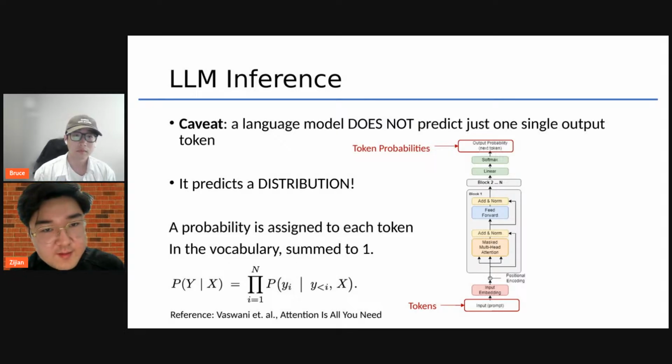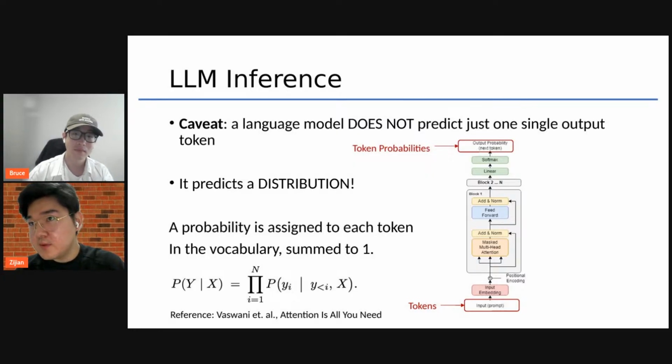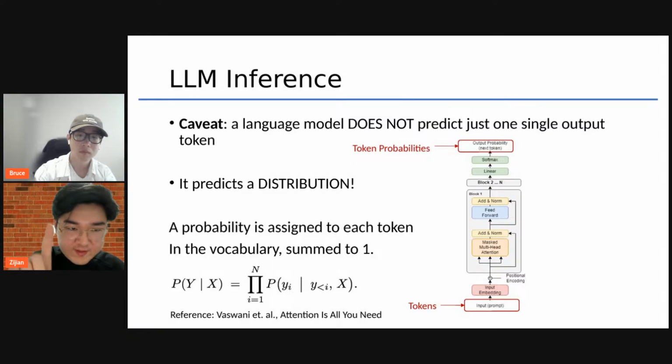A caveat is that a language model does not just predict one single output token each time. Instead, it predicts a distribution. What do I mean by that? We all know that at each time, the vocabulary consists of, let's say, a few thousand or even 10,000 tokens, right? The model will not give you one specific token that is going to be the next.